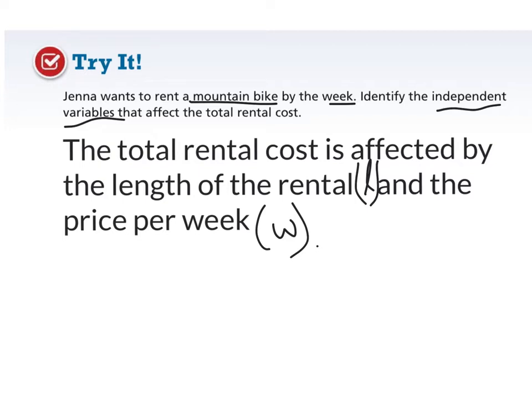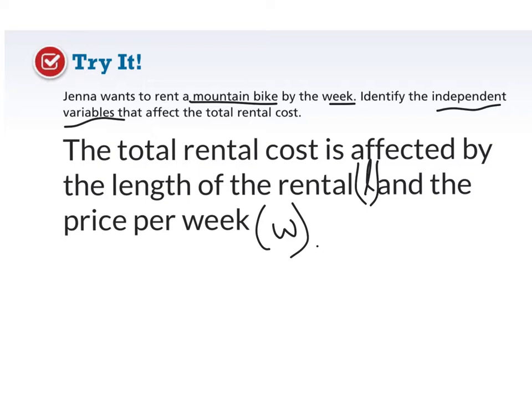In doing this, our total cost is the dependent variable, and it makes sense if you think about it, because what's our cost? Well, it depends on what we're renting, how long we're renting it for.